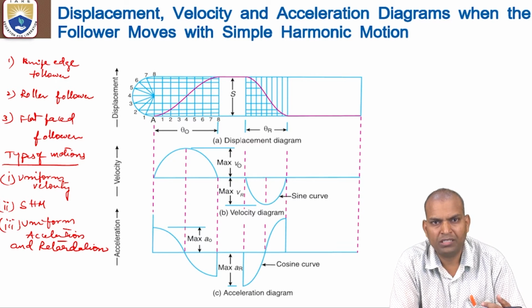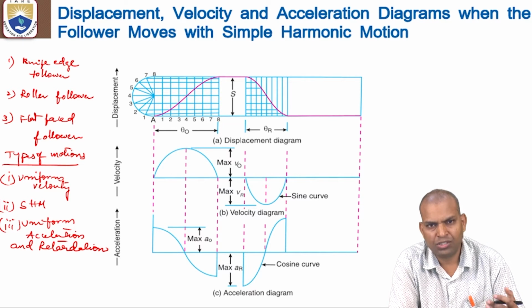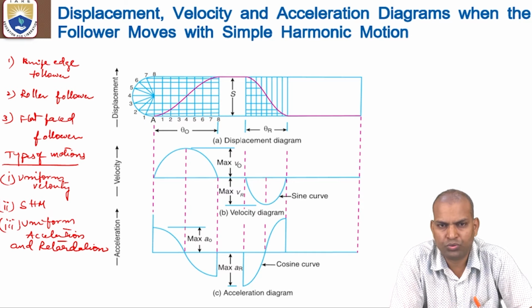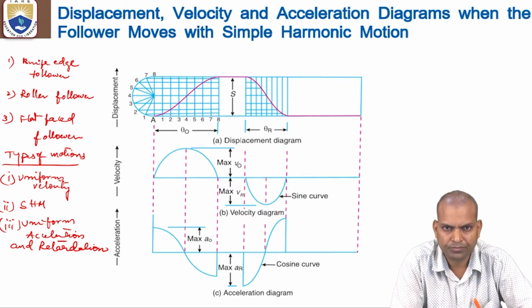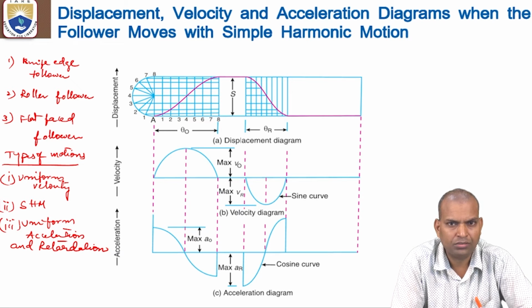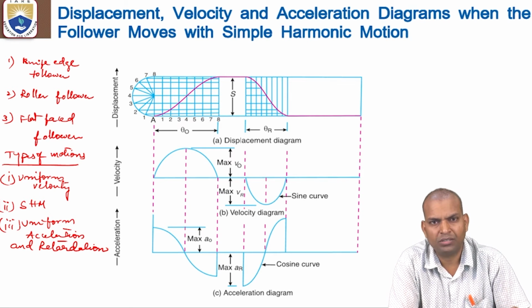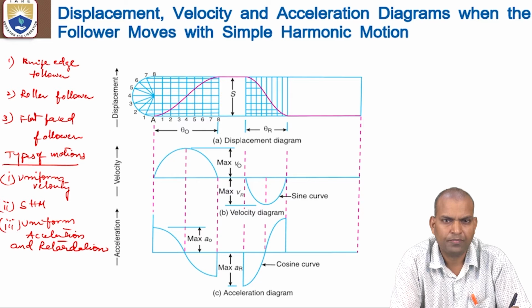Outstroke means it is going completely away, and that is called the suction stroke. The return stroke means approaching towards the valves. So the suction stroke and compression stroke are referred to by the terms outstroke and return stroke.